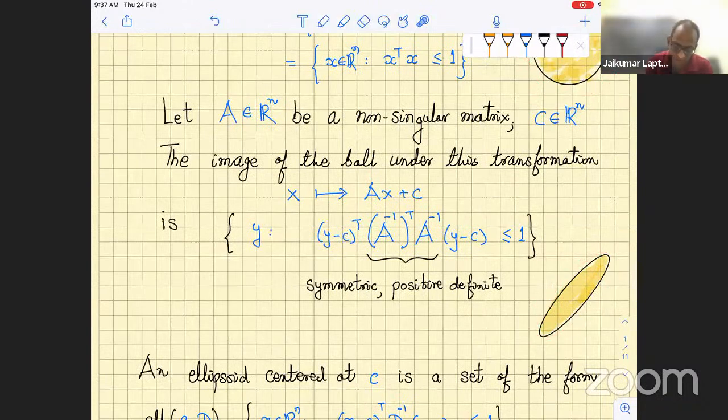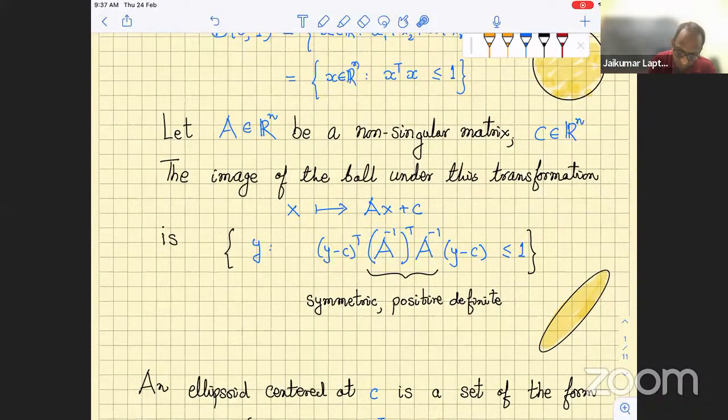Okay. So let A be a non-singular matrix, and you map a point, you transform it, and you also shift the origin just to be general. But this shift is usually not very serious.